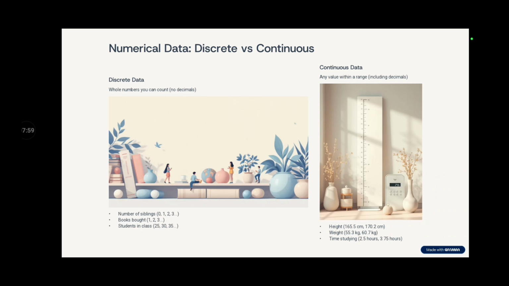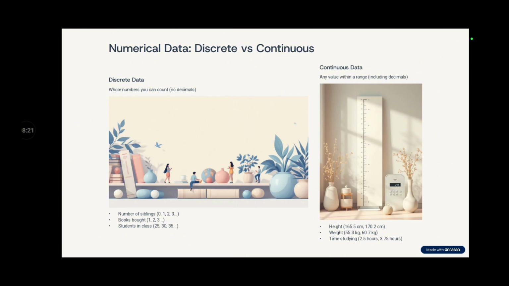And now we'll see numerical data. There are further types of numerical data: discrete versus continuous. Discrete data are whole numbers which we can count, and remember that they contain no decimals. These are whole numbers, like books, students in a class, and marks of a student.